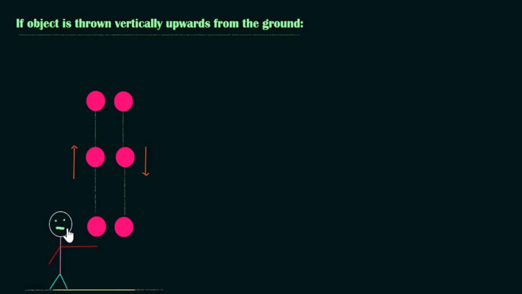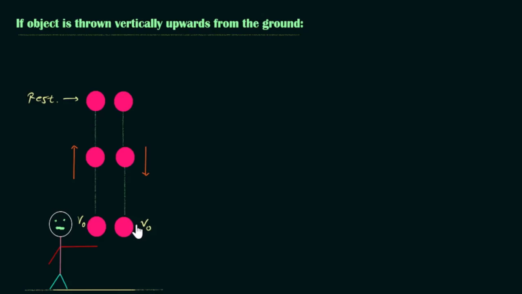To throw the object vertically upward, we need some initial velocity v naught. At the highest point, the object is at rest. Whenever the object reaches the maximum height, it is at rest for a moment, and after that it falls backward, coming downward.